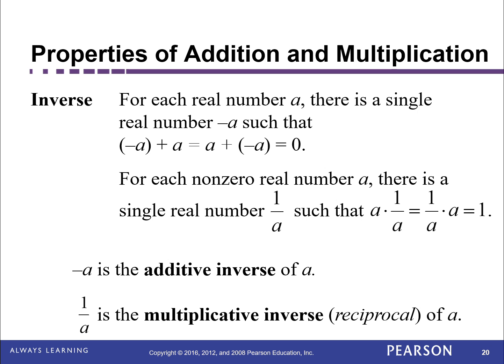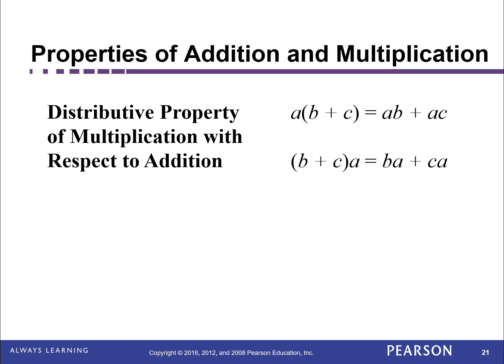So here, negative a is the additive inverse of a. That was from the first part. That was your additive inverse. And then 1 over a is your multiplicative inverse. That's from your second part there, or the reciprocal of a.